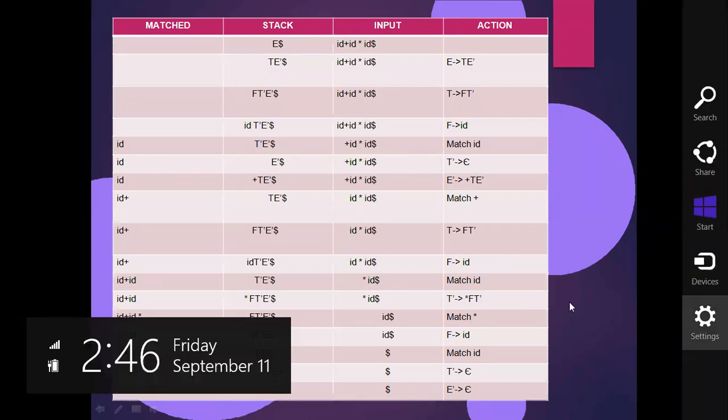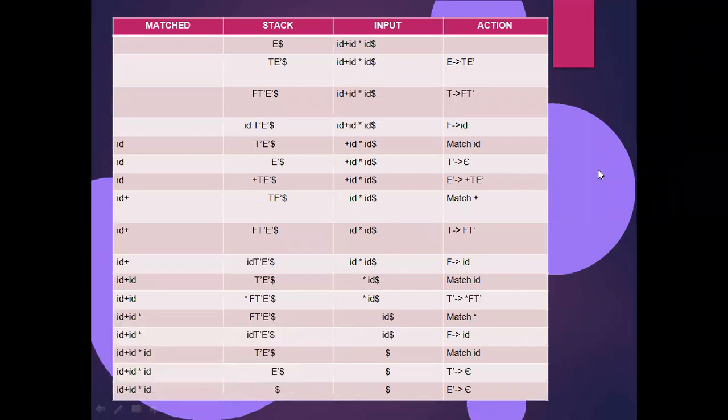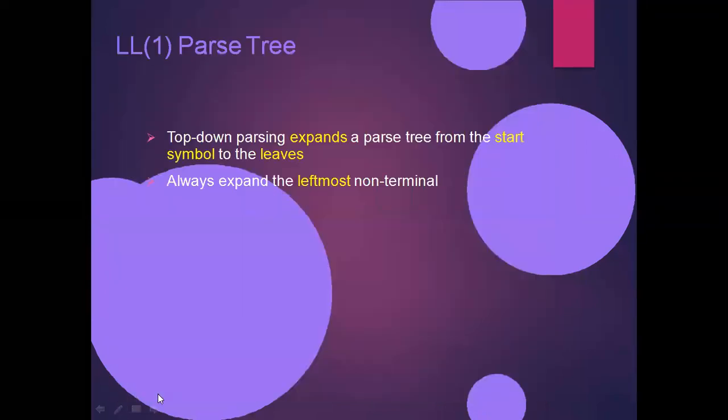That is nothing but the representation in the form of a tree. Whatever actions we performed, starting with the starting symbol variable and ending with the input string ID plus ID star ID, that is the representation of the parse tree.